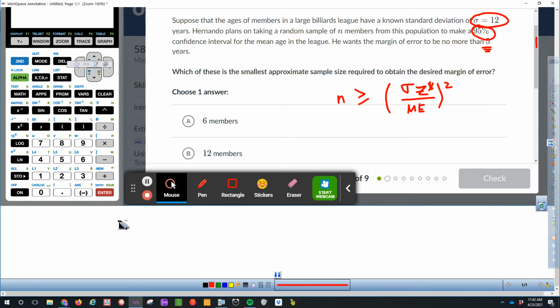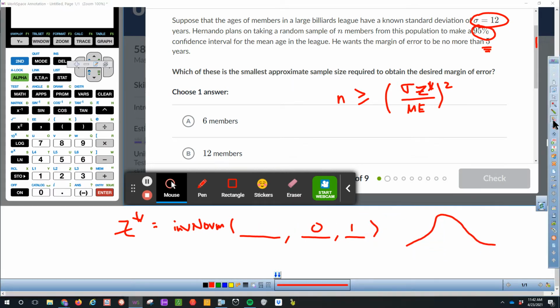To find z star, we need to use inverse norm. Now inverse norm, we need a few things. We need the area to the left, and mean is 0, standard deviation 1. So what is the area to the left? Oops, that's a horrible normal curve. Okay, bell shape.